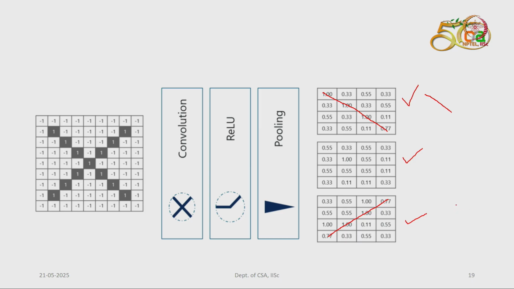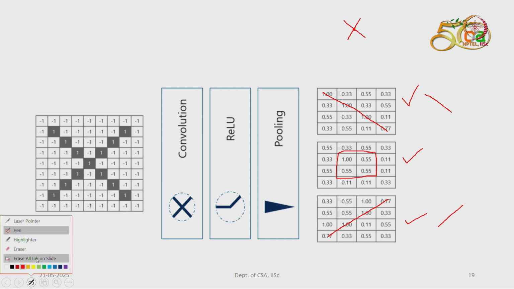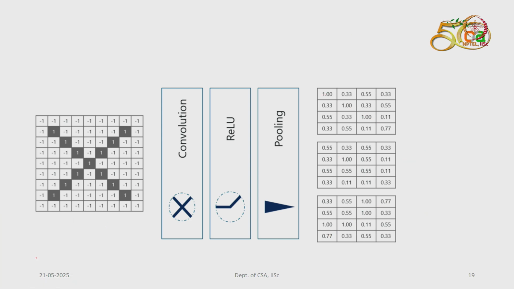Probably one kernel has extracted this feature. And when we write X, we have this portion also, and here the values are high. I hope you are understanding that by using different kernels, we are able to extract more meaningful, different features.